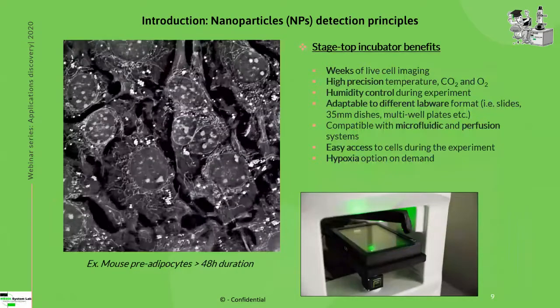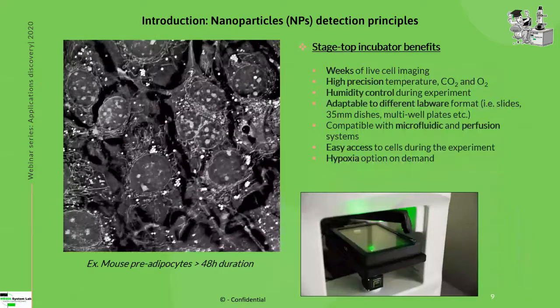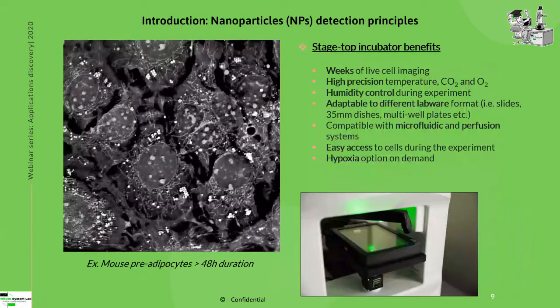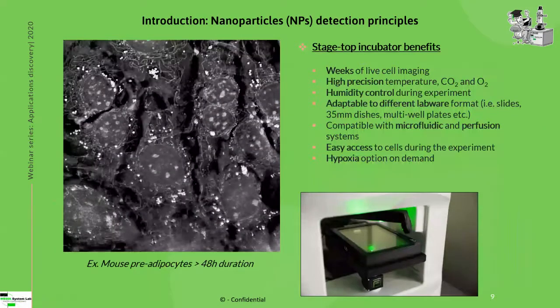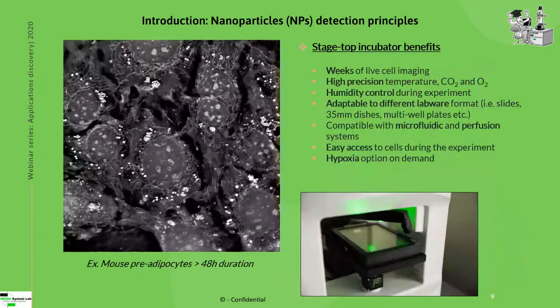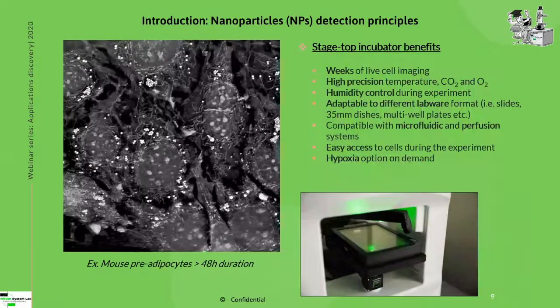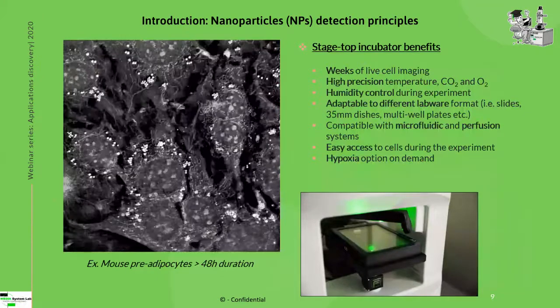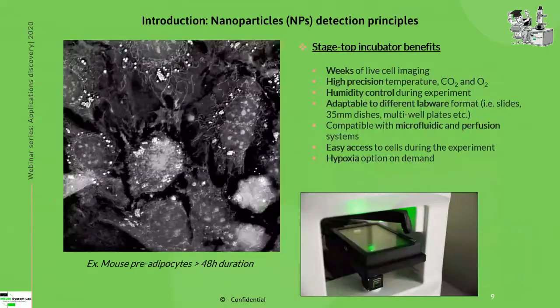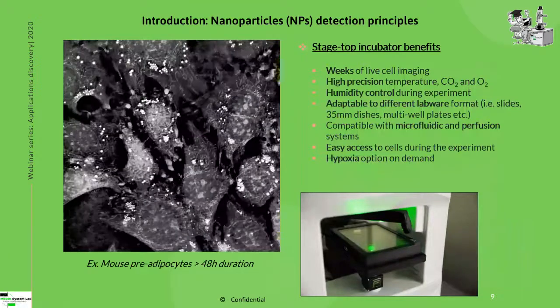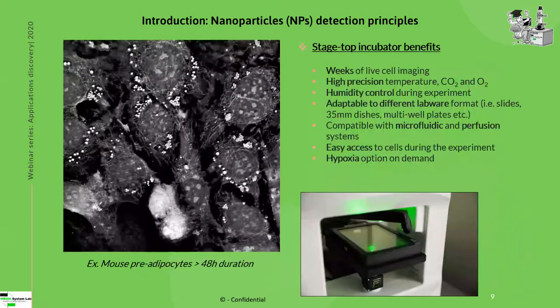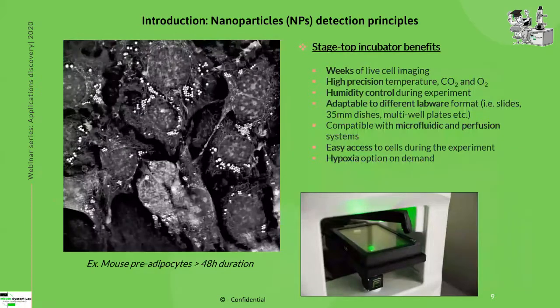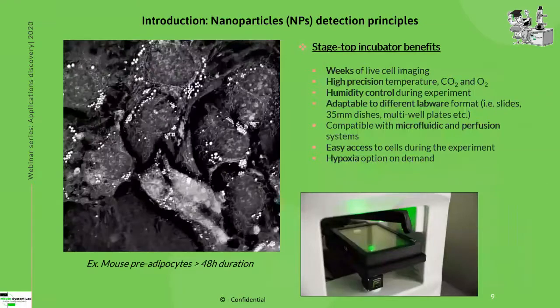That's why these instruments are equipped with a stage top incubator that gives you quite a lot of benefits in terms of environment control. You have the possibility to control temperature, CO2 and oxygen combination, and humidity inside the environment, with adaptable labware in different formats, and you can combine everything with microfluidics and perfusion.